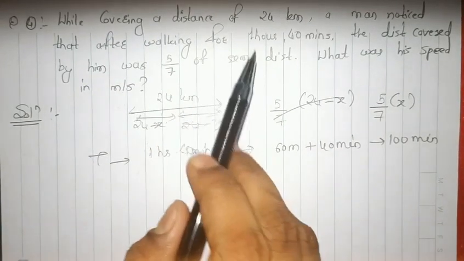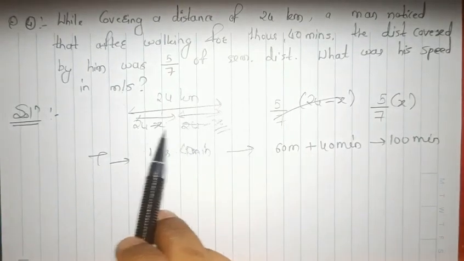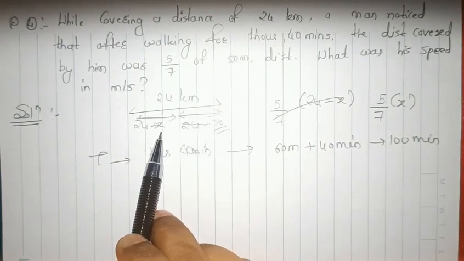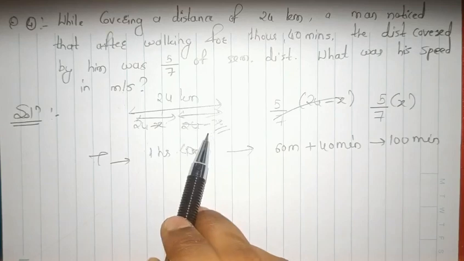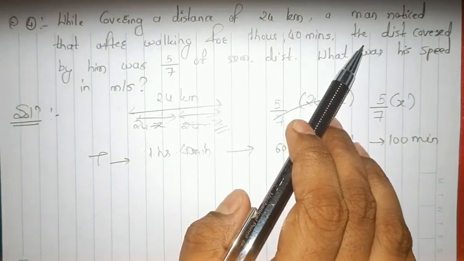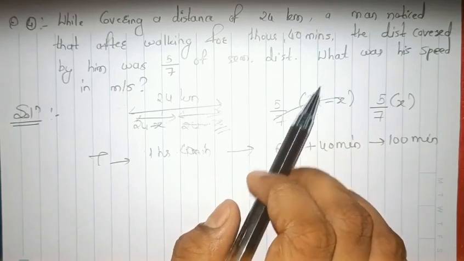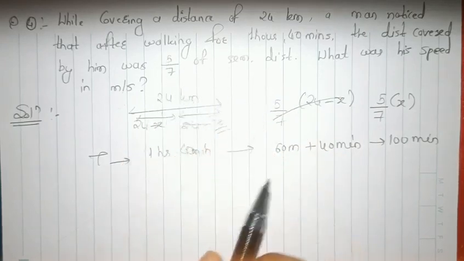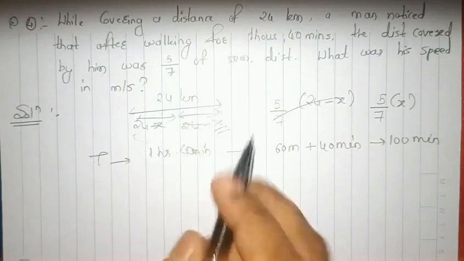First, 24 kilometers here, and 24 minus x is our first distance, that is our covered distance, and x is our remaining distance. The distance covered by the man is 5/7 of the remaining distance, and our covered distance is how much? 24 minus x.